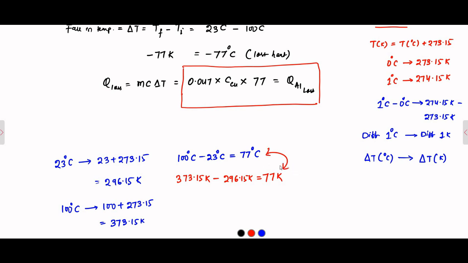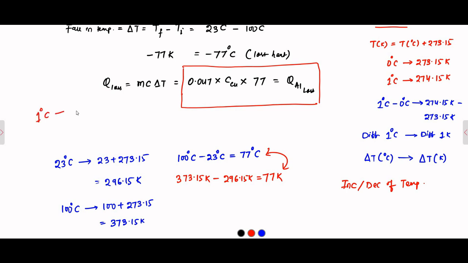Okay, but here you have to pay attention that it is an increase or decrease of temperature, not a specific temperature. It doesn't mean that 1 degree Celsius is same as 1 Kelvin.